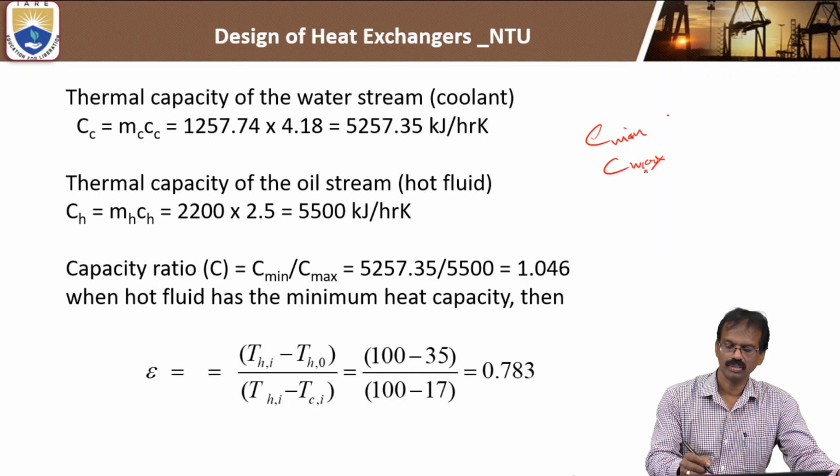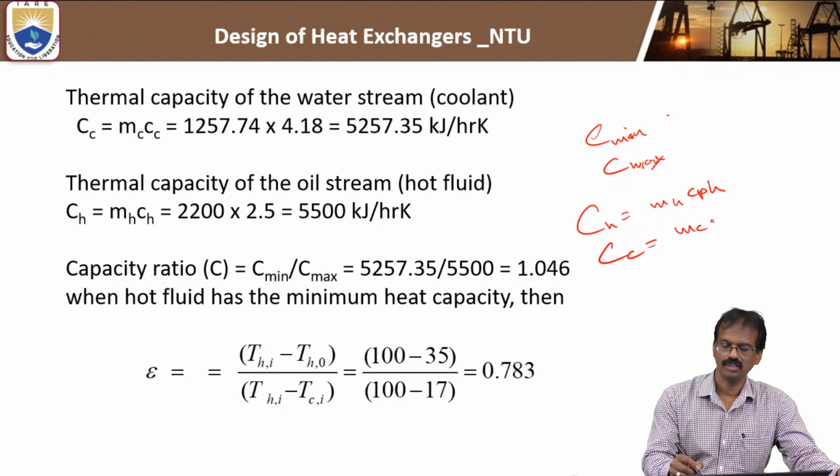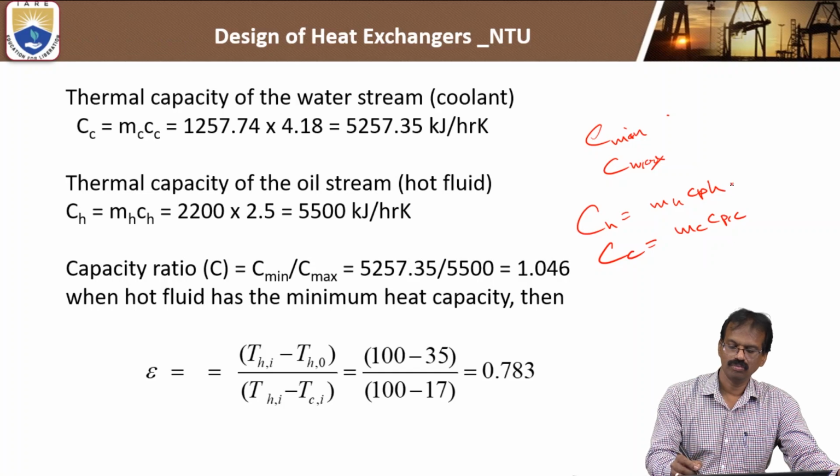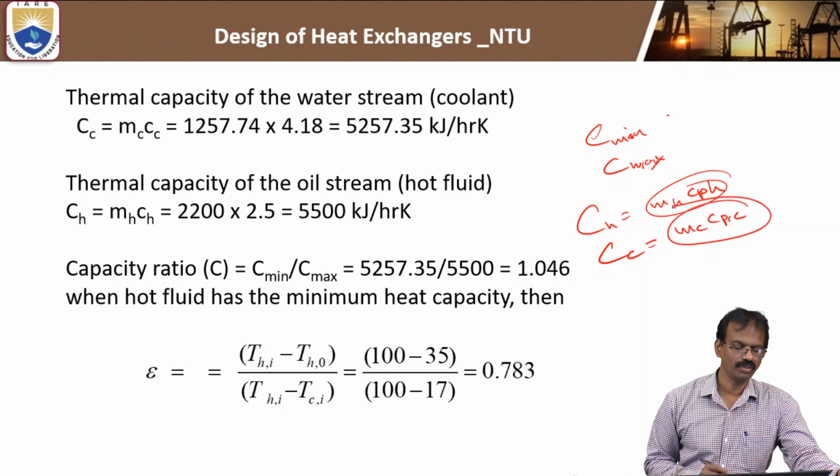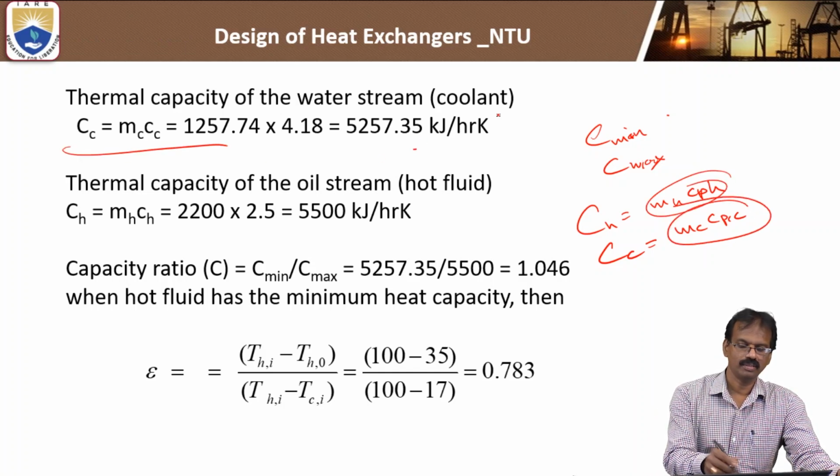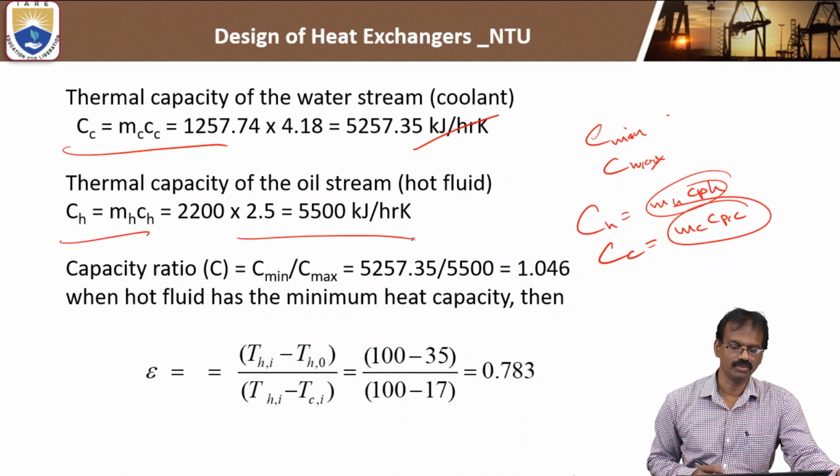So for this, CH is equal to MH into CPH. Similarly, CC, the specific heat of the cold fluid, is equal to MC into CPC. We know all these parameters, so you can find out the CC value and the CH value.